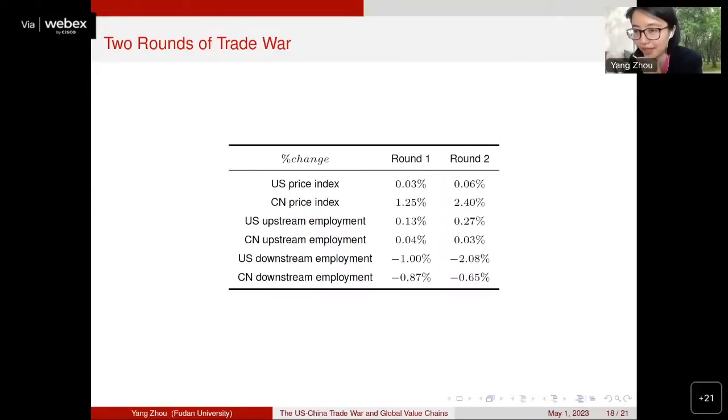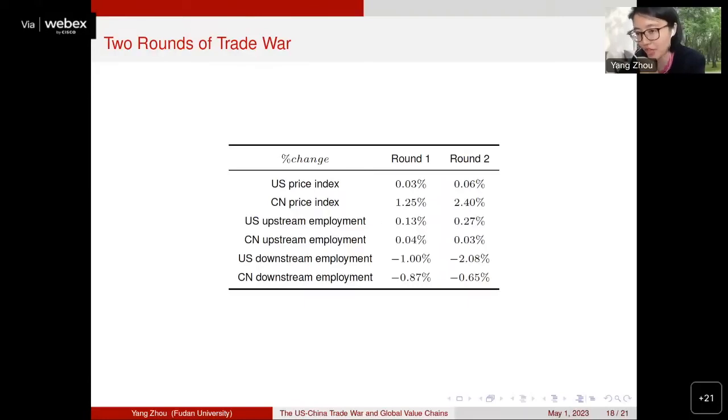After the phase one deal, you can see the tariffs of those two countries fluctuated around the tariff level at the point of the phase one deal. China is sometimes adding more goods to the targeting list, and so could increase tariffs, for example, from 10% to 25%, and the United States could do similar things.